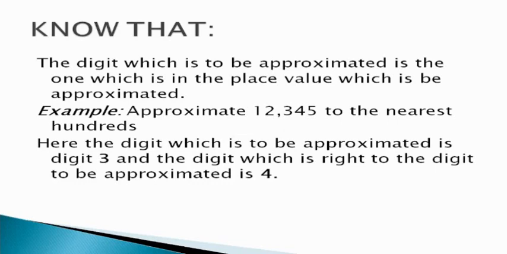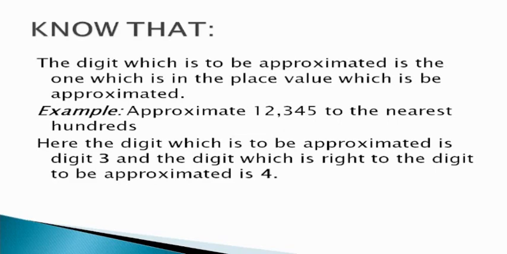So here the digit to be approximated is 3 and the digit which is right to the digit to be approximated is digit 4. Kwa hiyo hapa digit ambayo unatakiwa uiapproximate kwenye mamia ni namba 3, na digit ambayo ipo upande wa kulia ni namba 4.